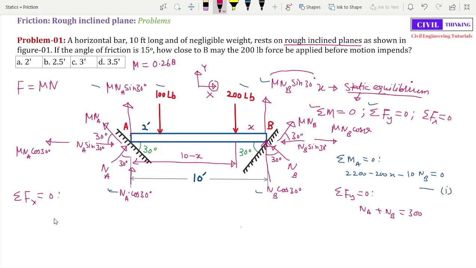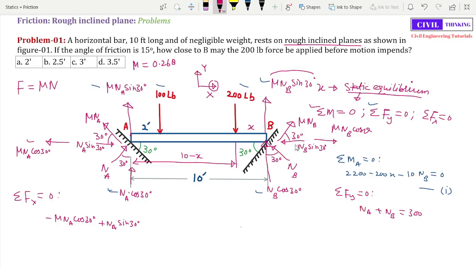So I will write minus mu Na cos 30 degrees, this term. Then I will add up this term plus Na sine 30 degrees. Then is there any force component in the x direction? Yes.